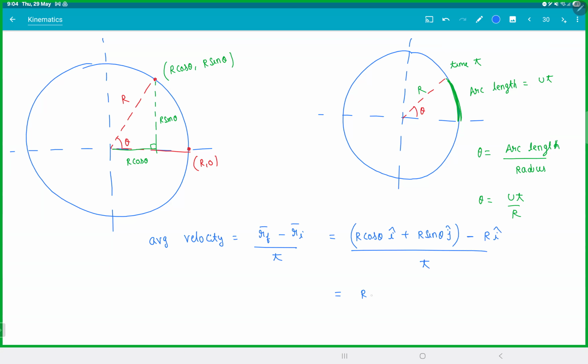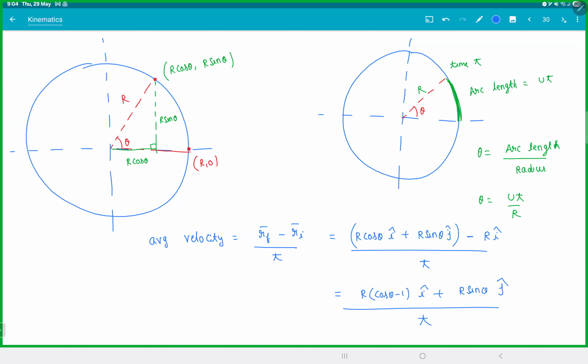So r into (cos theta minus 1) i cap, plus r sin theta j cap, by t. This is a position vector, and what you're finding is the velocity vector by time. If they ask you for magnitude, you can find the mod of this, but average velocity is a vector, so I will leave it in vector form. This is what is being asked, the first question.